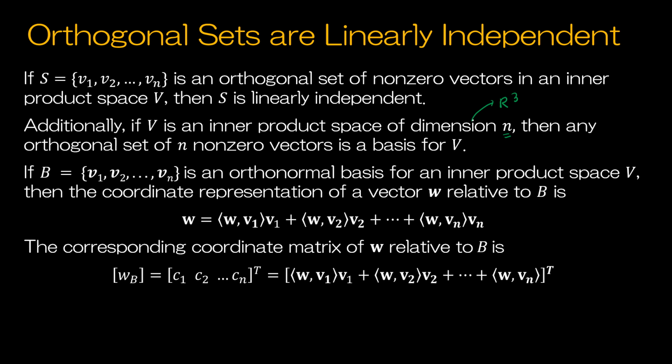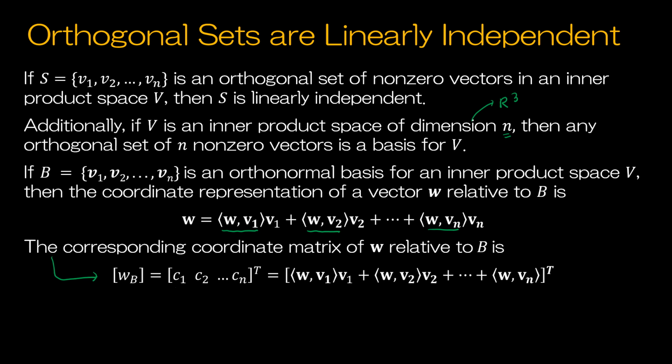If B is an orthonormal basis for an inner product space, then the coordinate representation of a vector W relative to B is found by taking the inner product of W with each of the basis vectors, multiplied by that vector. So if you want to find the corresponding coordinate matrix of W relative to B, this is just a change of basis.